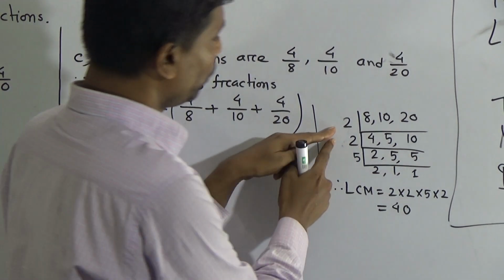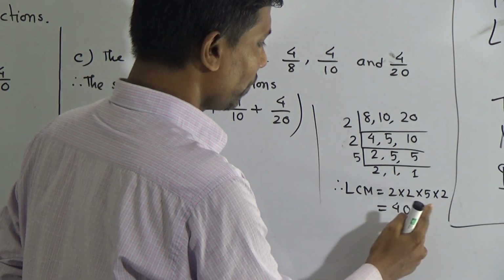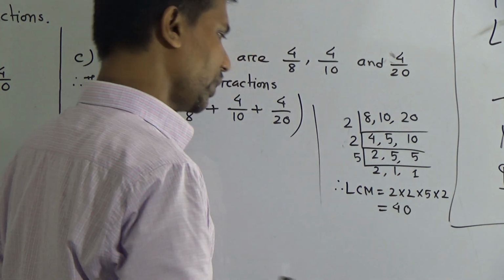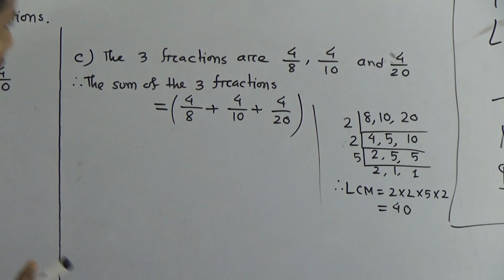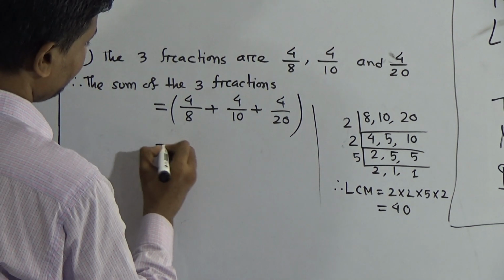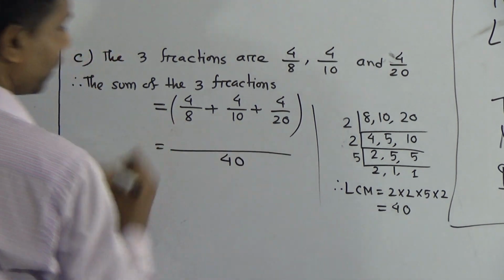Now write 2, 2, 2, 2, 5 and 2. You know, 2 2s are 4, 4 5s are 20, 20 2s are 40. That means you have got the LCM is 40. Okay, write the LCM is 40.